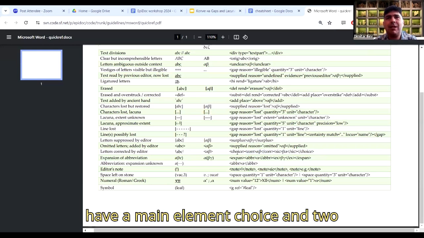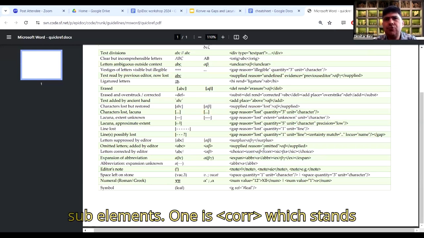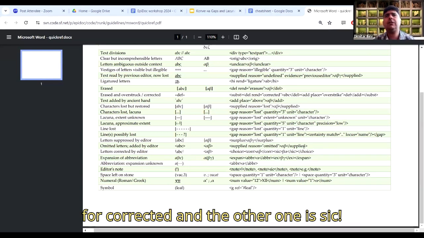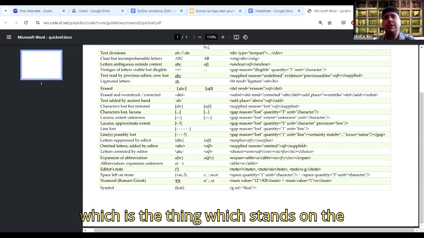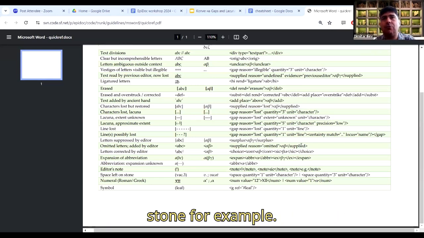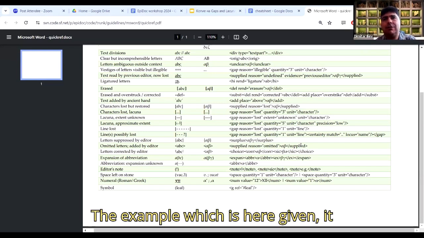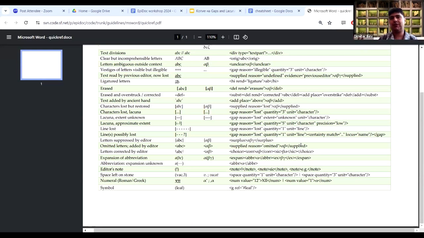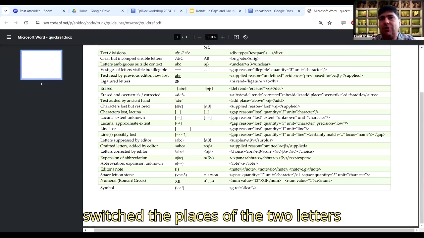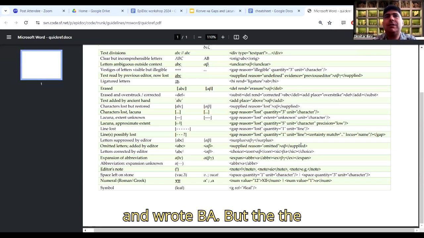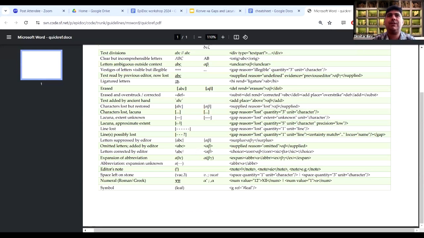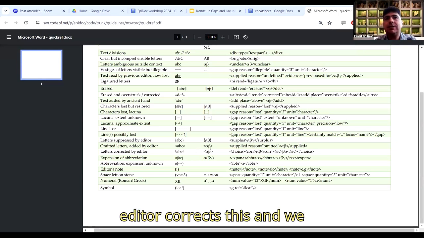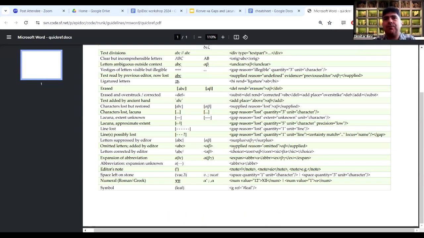So you have a main element choice and two sub-elements. One is corr, which stands for corrected, and the other one is sic, which is the thing which stands on the stone. For example, the example which is given here, it should be AB, but the stonecutter switched the places of the two letters and wrote BA, but the editor corrects this, and we encode it in this way.